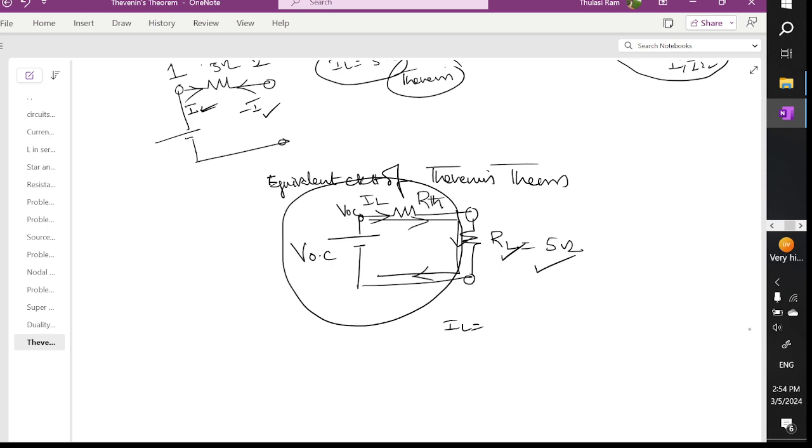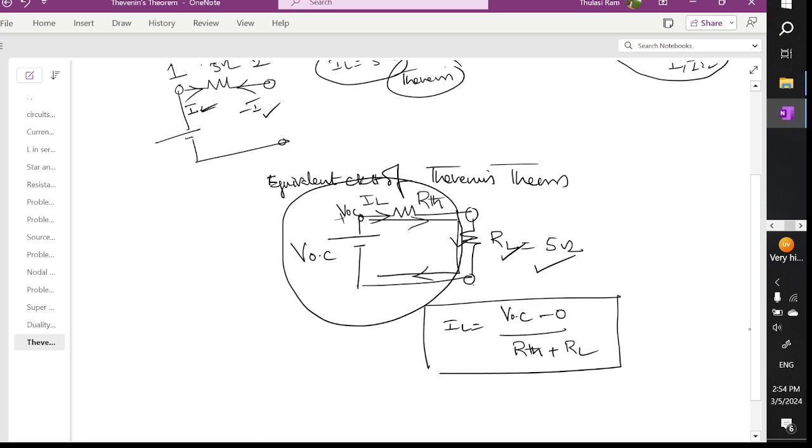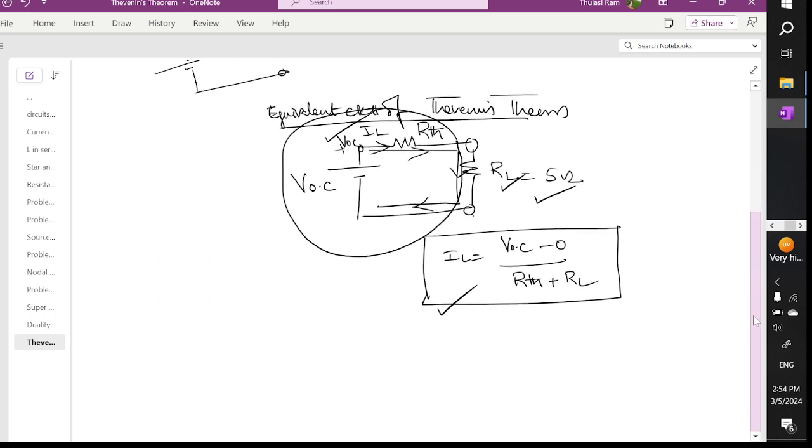So IL can be written as VOC minus 0 divided by the resistors connected in that branch, R Thevenin plus RL. This is a standard formula to find the current after drawing the equivalent circuit. So this is the equivalent circuit of Thevenin's theorem.